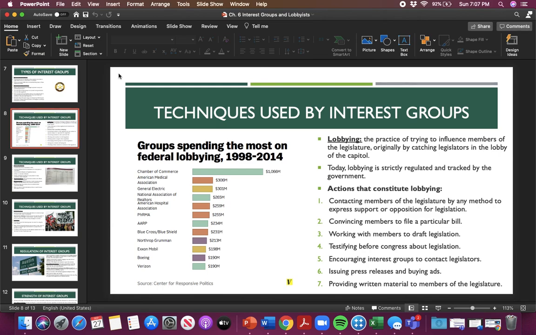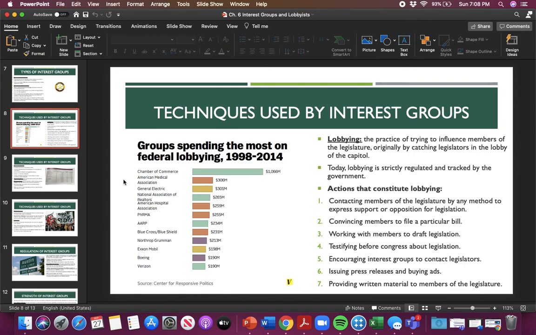But if you're like a barbershop or a little mom and pop shop on Main Street, you don't have money to spend on lobbying for issues that are important to you. But the Chamber of Commerce allows those people to pool their resources to have more influence.